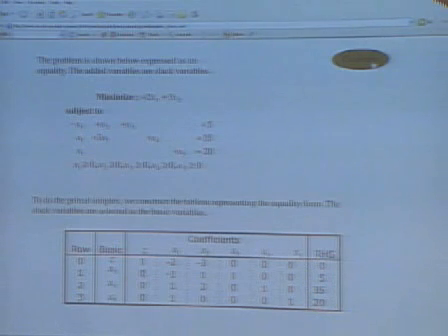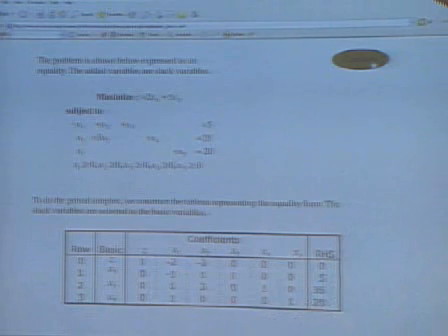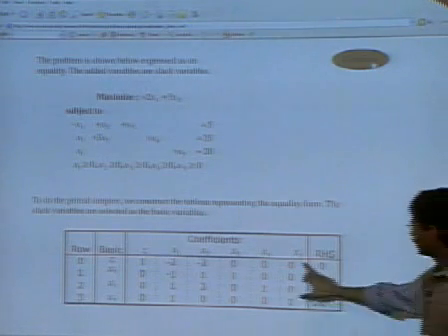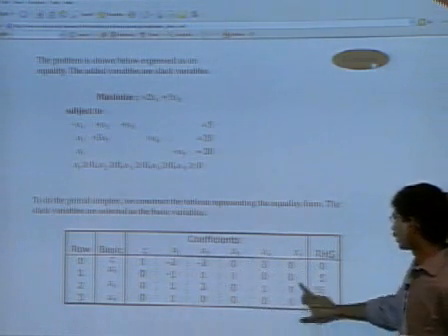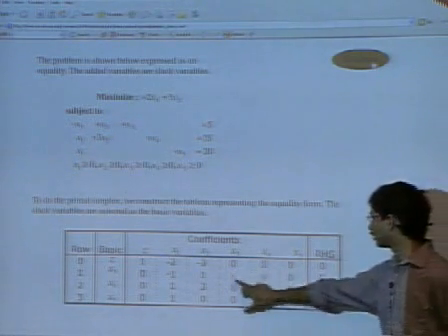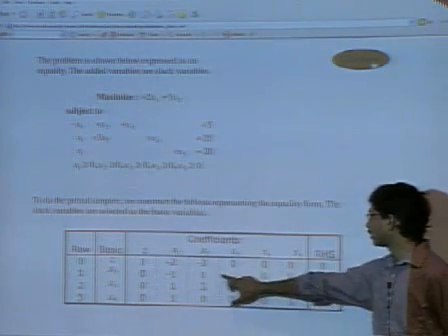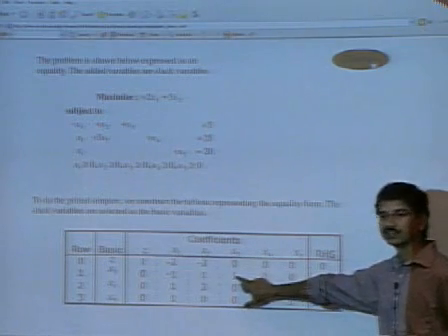Those of you who learned linear programming most likely would have learned it this way. So the red entries here, I'm not sure if you can make out the difference in colors, are what's called the basis matrix. This reflects the fact that for this particular equation, x3 is the basic variable.